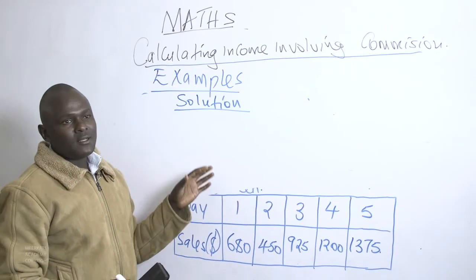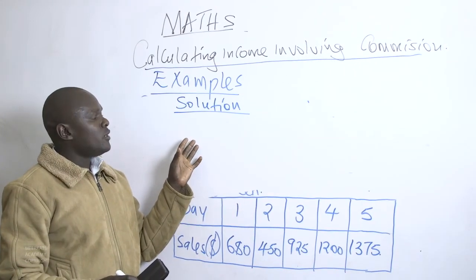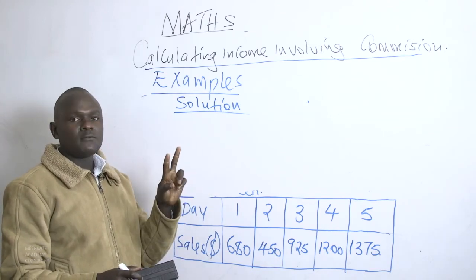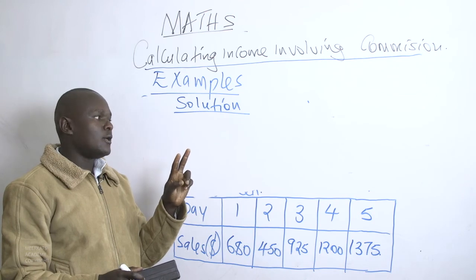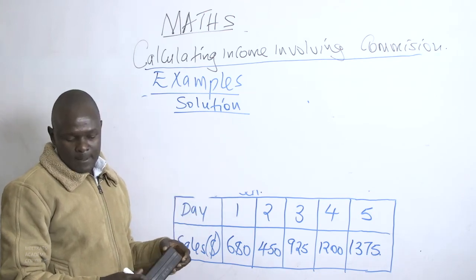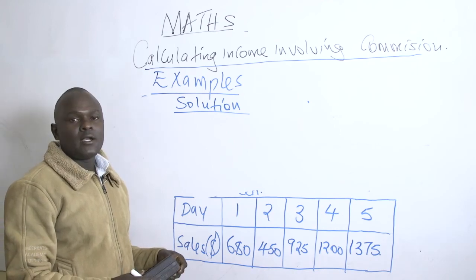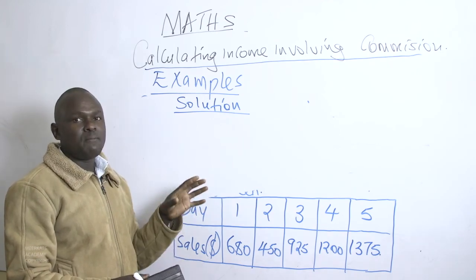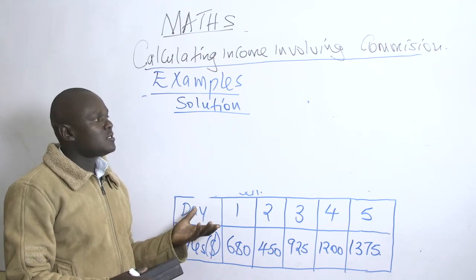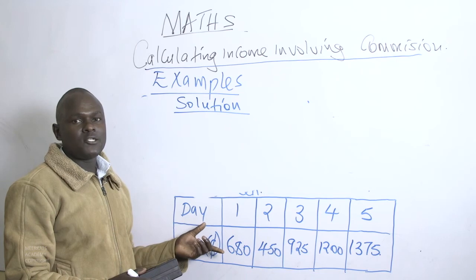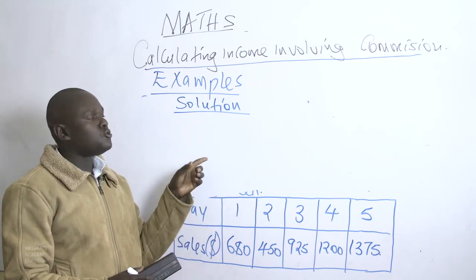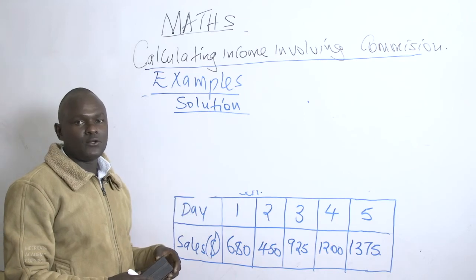So as you can realize, when we are going to calculate this particular gross income, it will entail two parts. The first part is the $225, that is the base payment or the base salary, which means that even if he makes sales or not, at the end of that particular period, he has to earn $225.